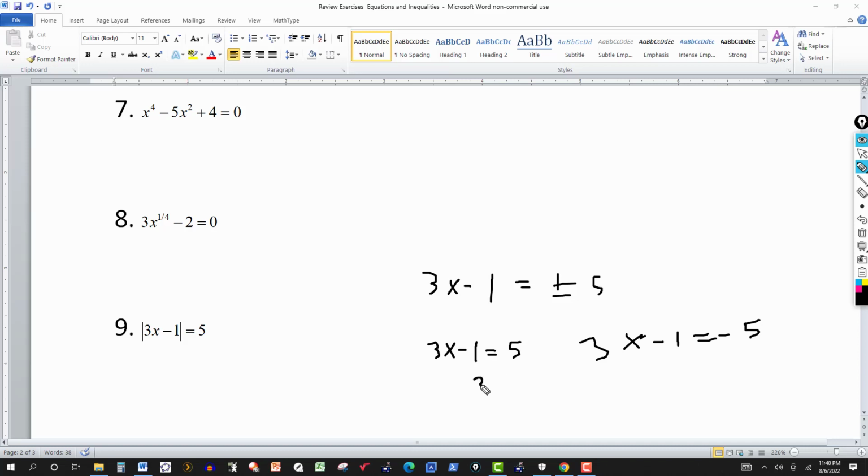So here we add 1 to both sides. Here we get 3x equal to 6. This one, add 1 to both sides, we get 3x is equal to minus 5 and a plus 1 is minus 4. So here we divide both sides by 3, so that means that one solution can be 6 over 3, or 2.